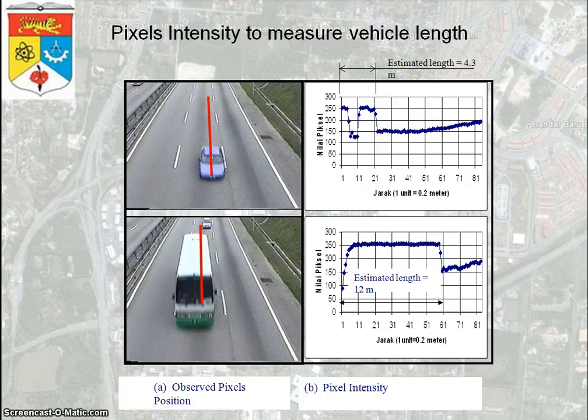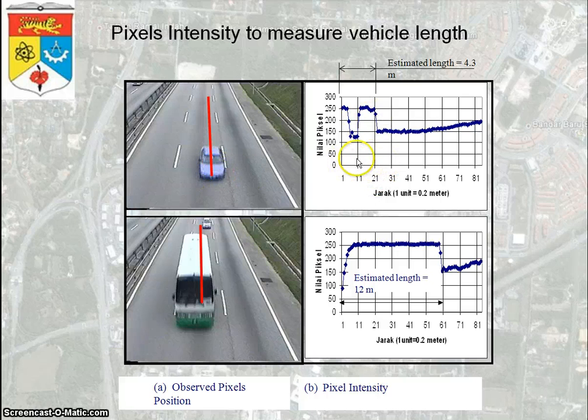And for classification, we just observe this line of pixels. First, we have to detect the car, and then we observe a few hundred pixels to the back, so we can measure the length. For example, this one is only about 21 pixels.